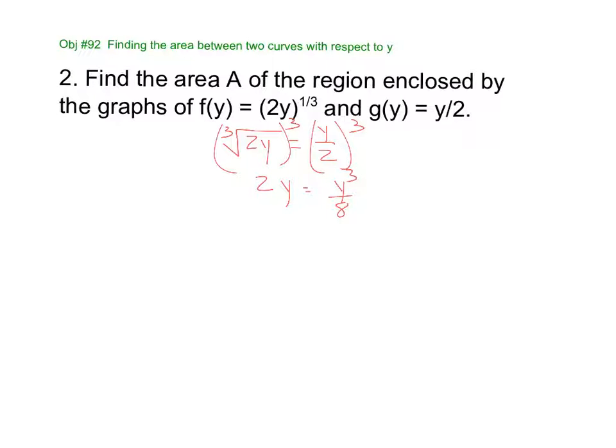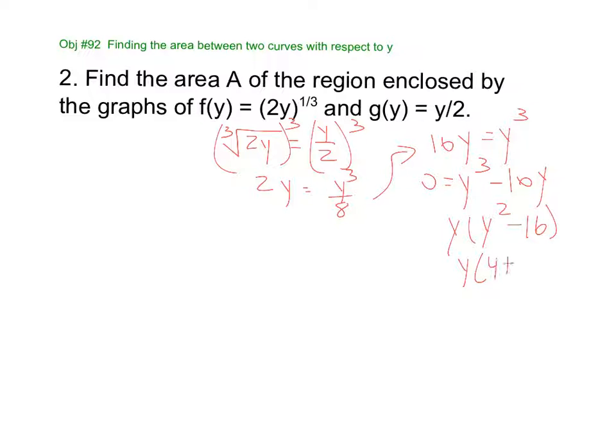So 16y equals y to the third. Get 0 on one side: y cubed minus 16y. Factor out the y: y squared minus 16, y plus 4, y minus 4.